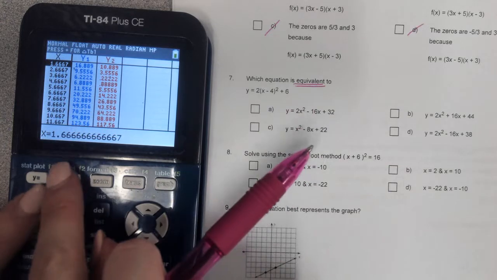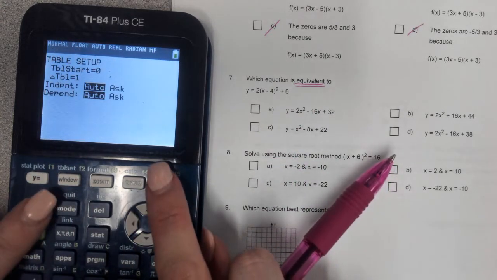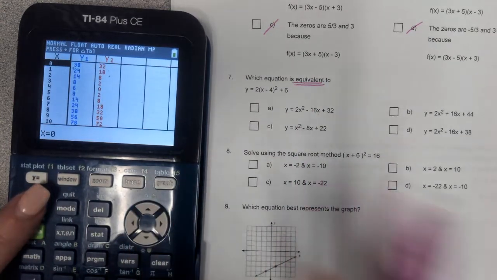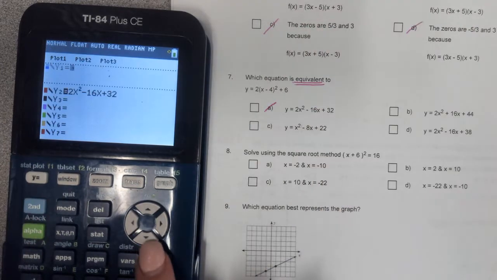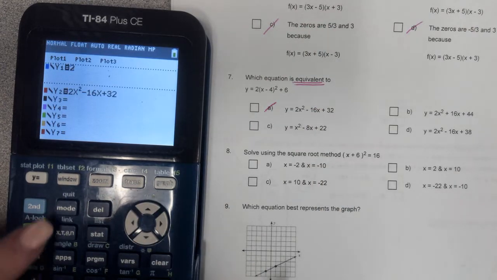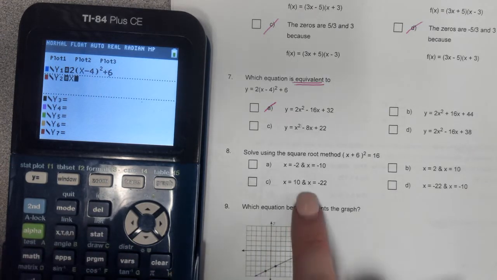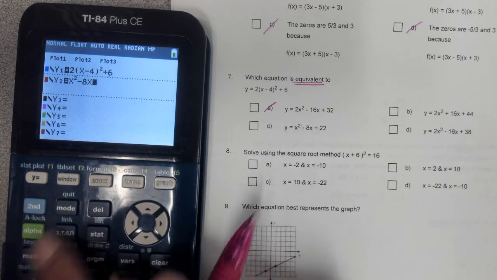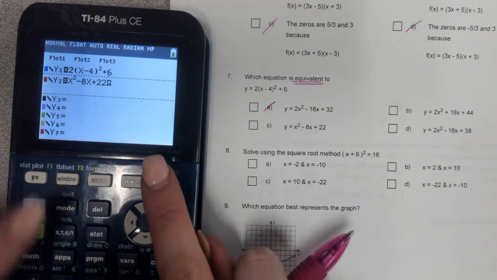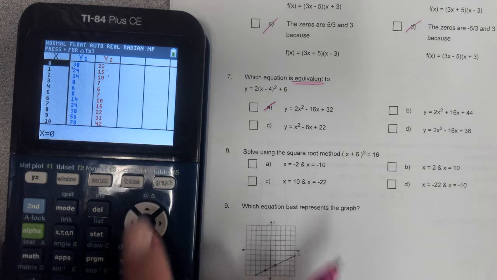These are nasty numbers, so second window, let's just go to 0. No, those are not the same. Okay, let's try 2x minus 4 squared plus 6. Let's try a different answer choice. X squared minus 8x plus 22. Nope, not the same.